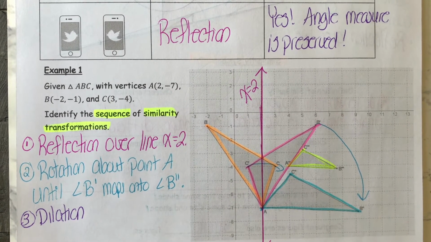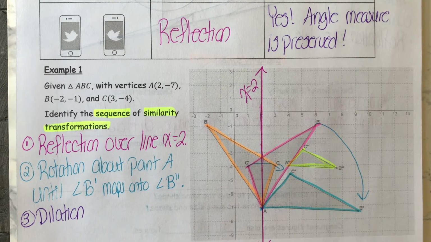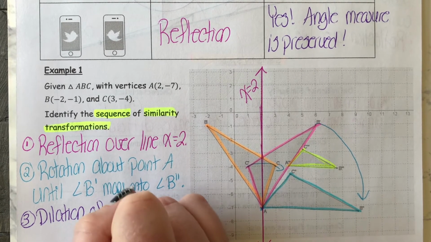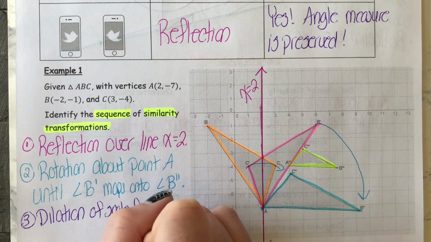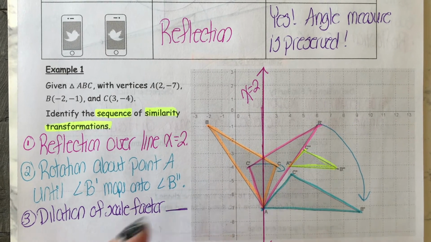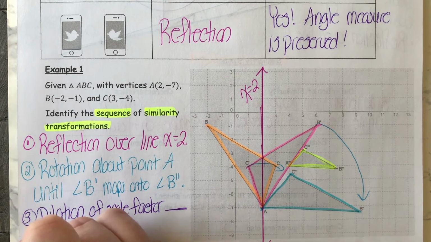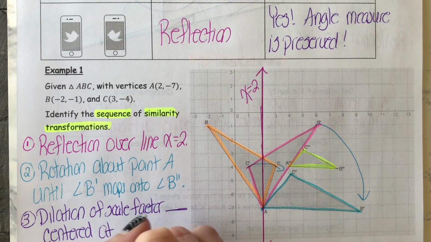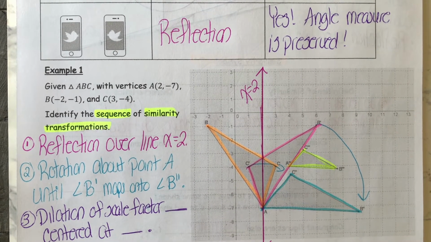Anytime we talk about dilations, I have to say what my center of dilation is and my scale factor. So I'm going to say this is a dilation of scale factor blank, just because I don't know what it is yet, but I will find it. And then I'm going to say that it is centered at blank, because again, I don't know what the center is yet, but I will figure it out.